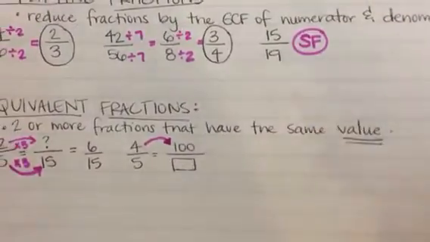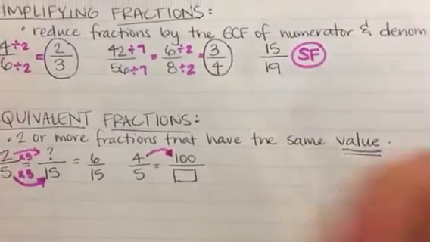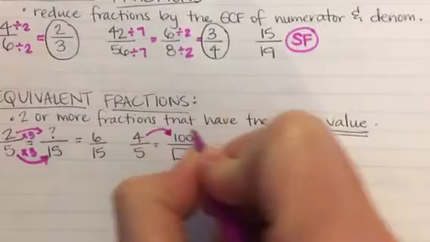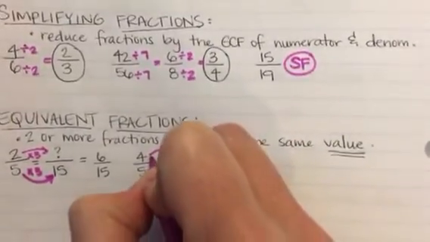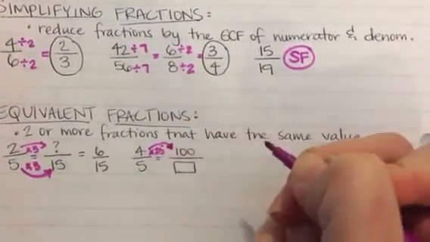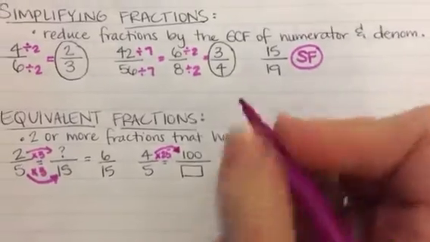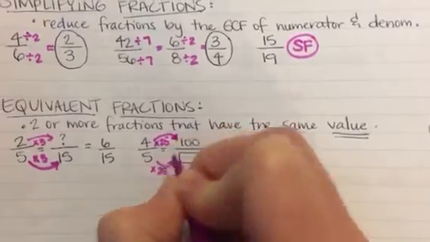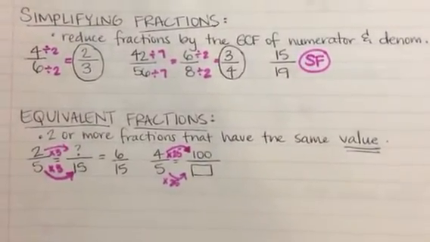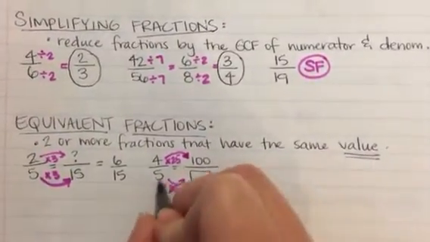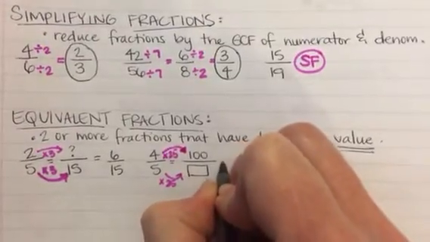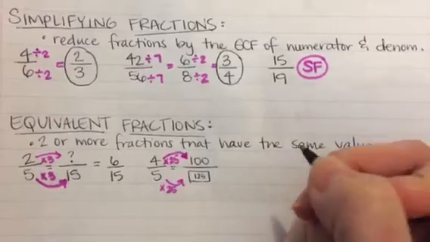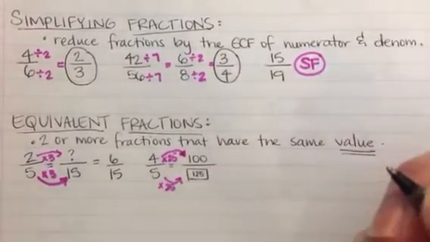So you have to really begin to think about relationships between numerators here. So if you know anything about 4 and 100, you know that you can do 4 times 25, and that gives you 100. So in order for this to be an equivalent fraction, I have to also do times 25, and 5 times 25 would give me a 125.